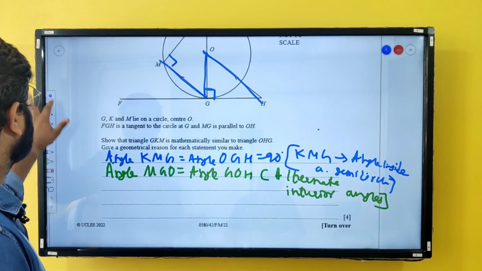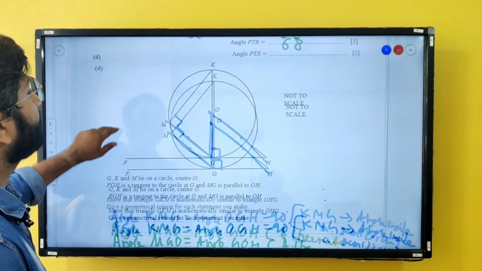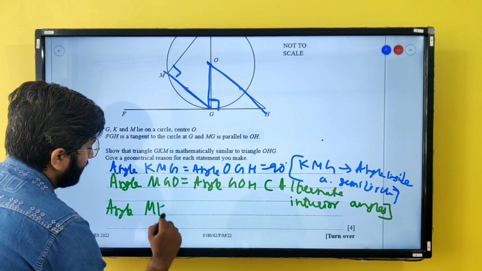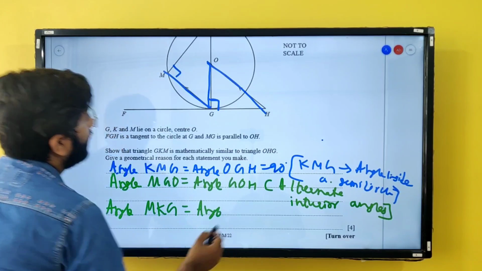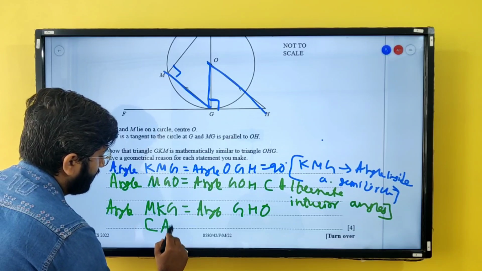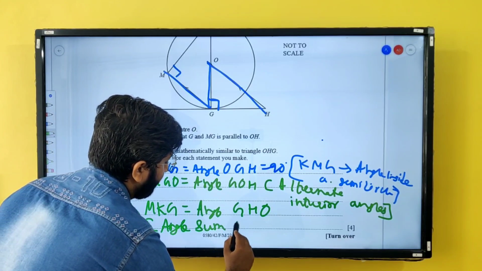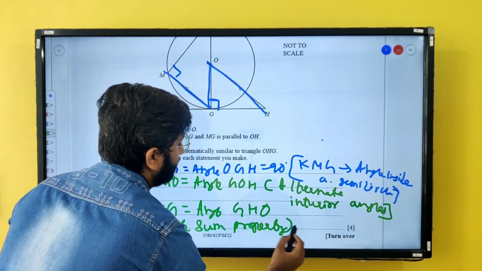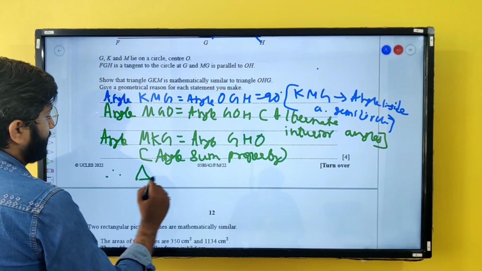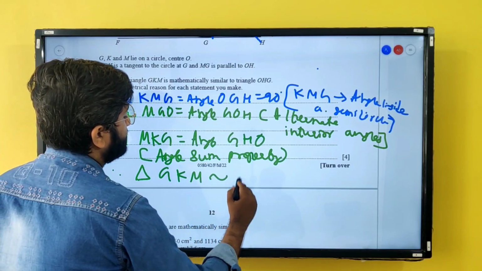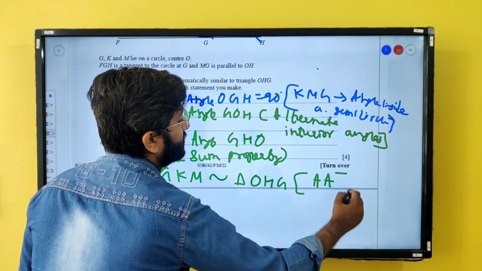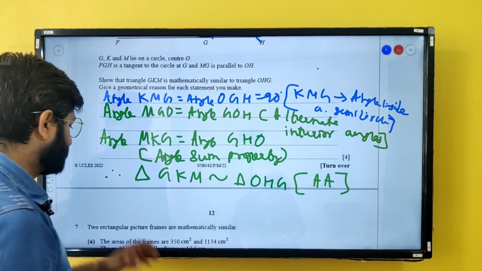So obviously now the third angle, angle MKG, is equal to angle GHO. How? By the angle sum property, right? So therefore I can say triangle GKM is similar to triangle OHG by AA similarity, or else you can write AAA similarity.